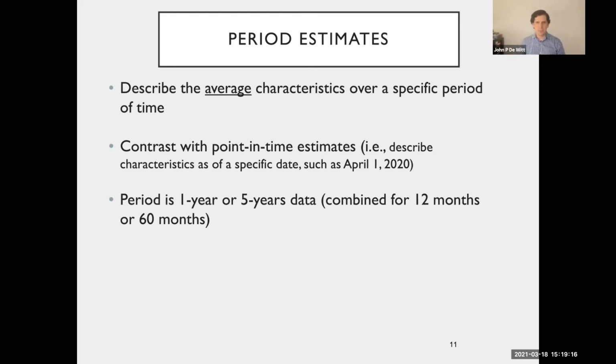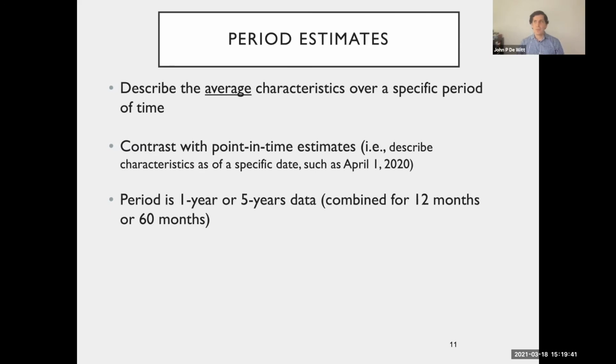There are multiple reasons for that, including the precision of the estimates calculated from the data. So the 1 year data tend to have much wider margins of error than the 5 year data, particularly when we look at some smaller level geographies.